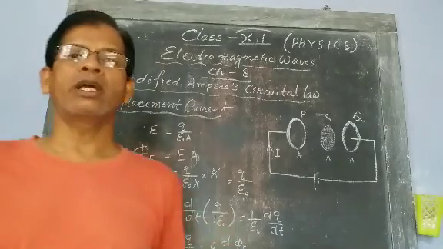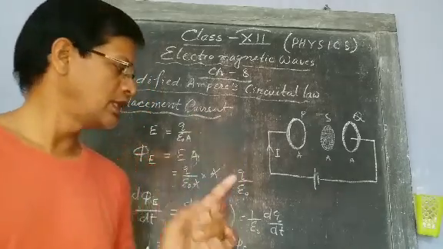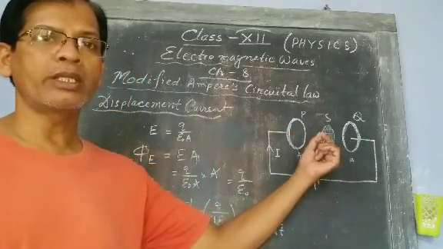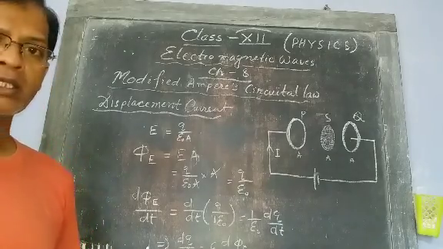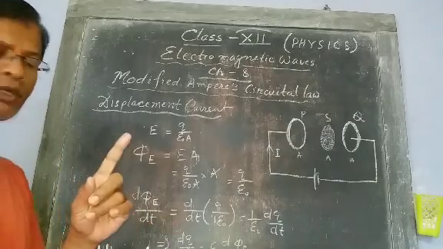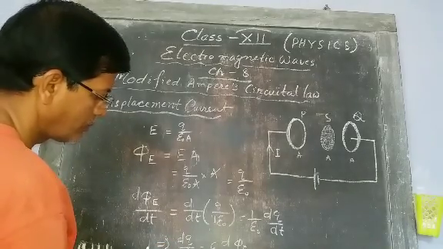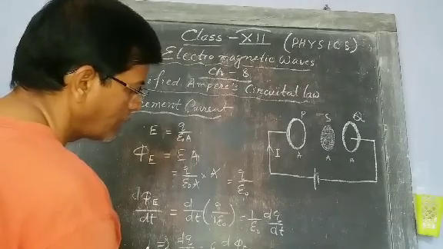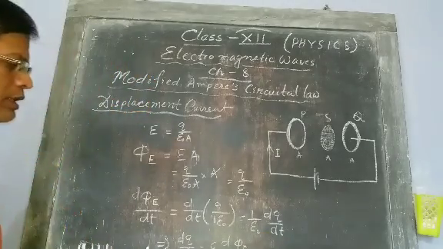So dq by dt is the displacement current, and this current is produced due to the change in electric field in between the two plates. Therefore ID equal to epsilon naught d phi E by dt. This is the expression. Clear?